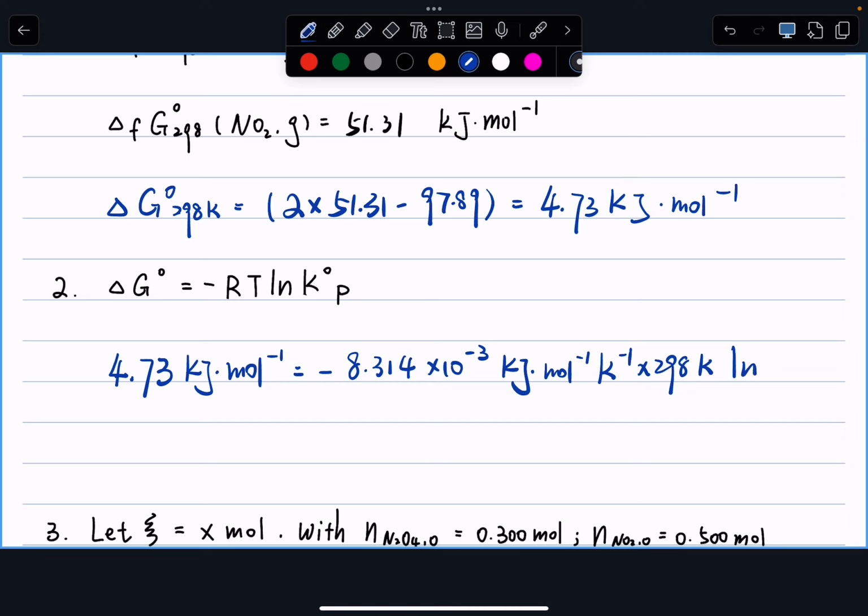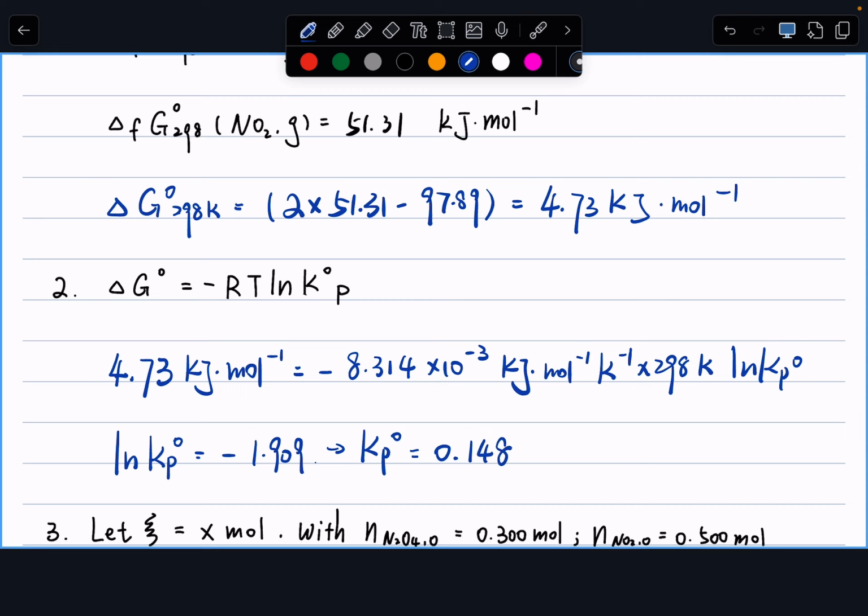Times 298 Kelvin times ln Kp naught. So we solve for the natural log of Kp naught to be equal to negative 1.909, and your Kp naught equals 0.148. So I can just put it in here: what we solved for is Kp naught at 298 Kelvin equals 0.148.